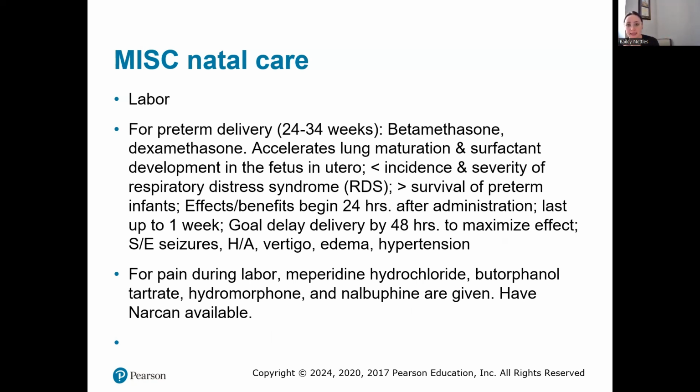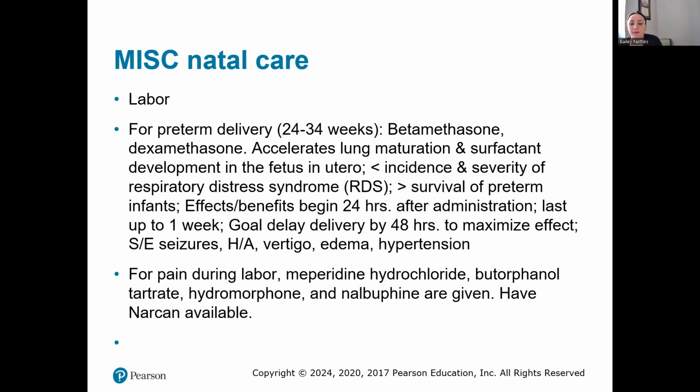So betamethasone and dexamethasone are given to accelerate lung maturation, because the lungs are not usually developed by then. It helps improve surfactant development in the fetus in utero, decreases the incidence and severity of respiratory distress syndrome, and increases the survival of preterm infants.